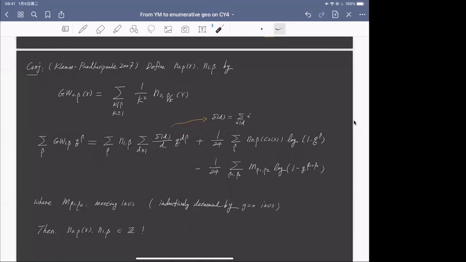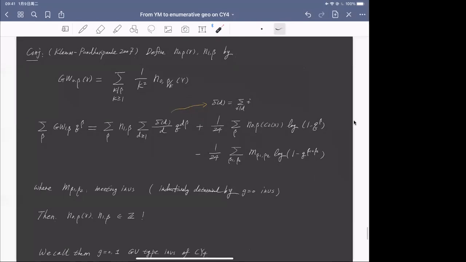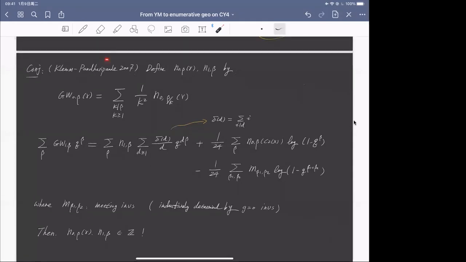In their paper they proposed this definition and computed a lot of examples of Gromov-Witten invariants. Through their formula they can literally see that all these n_0 β and n_1 β they define are integers. So they did a lot of checks of this conjecture, and I want to say that this is a very convincing conjecture.